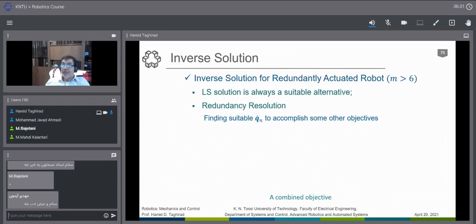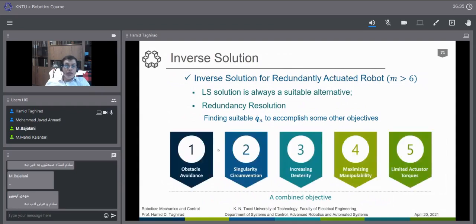Resolving this redundancy in a form that we get something optimal, something good for our case, means finding a suitable Q dot n, this particular null space part of the J, to accomplish some other objectives. What objectives could be done? It could be obstacle avoidance.